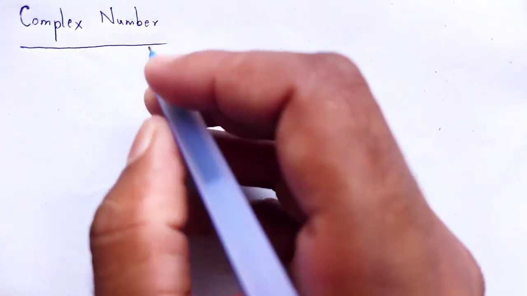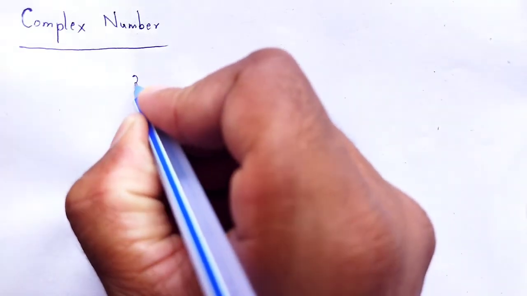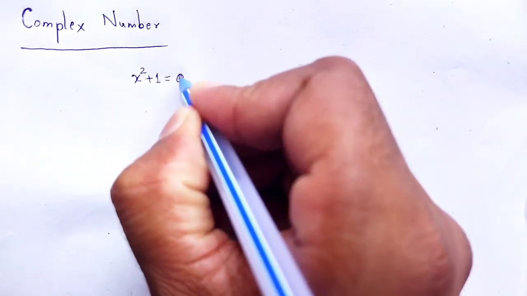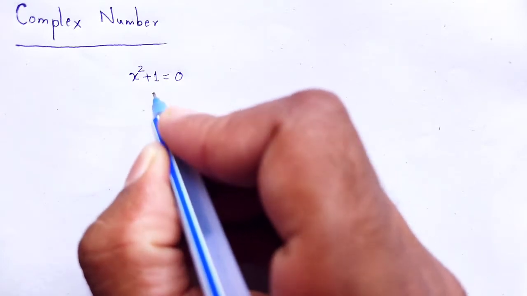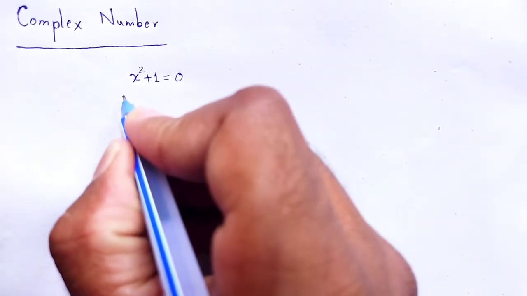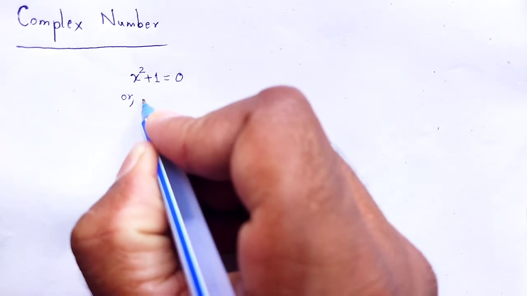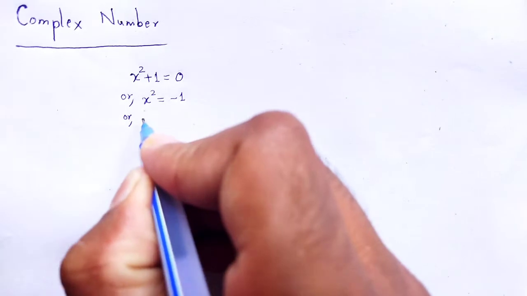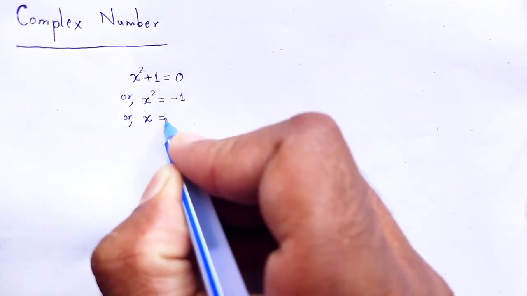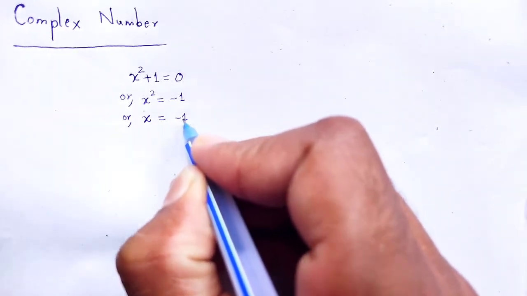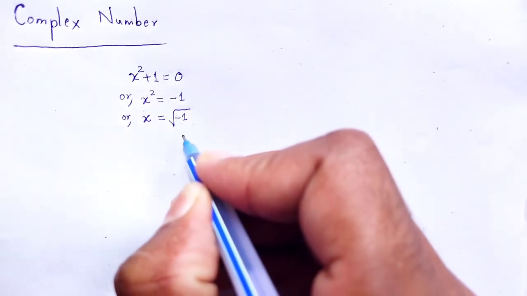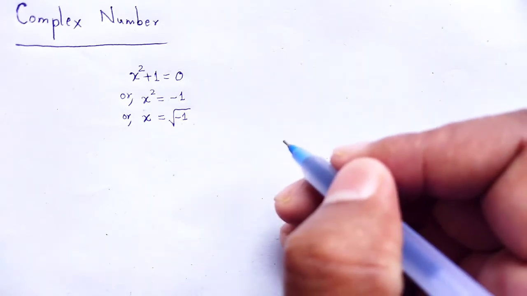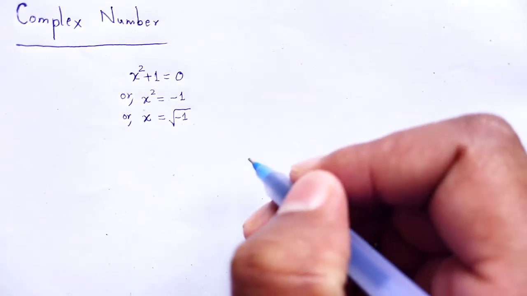Let us take a quadratic equation, x square plus 1 is equal to 0. When we solve this type of quadratic equation, we have x square is equal to minus 1, or x is equal to under root of minus 1. Till now, we studied the number system up to real numbers.